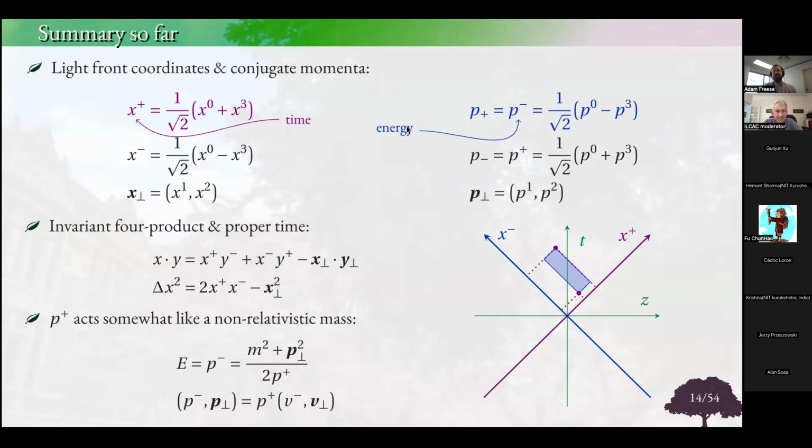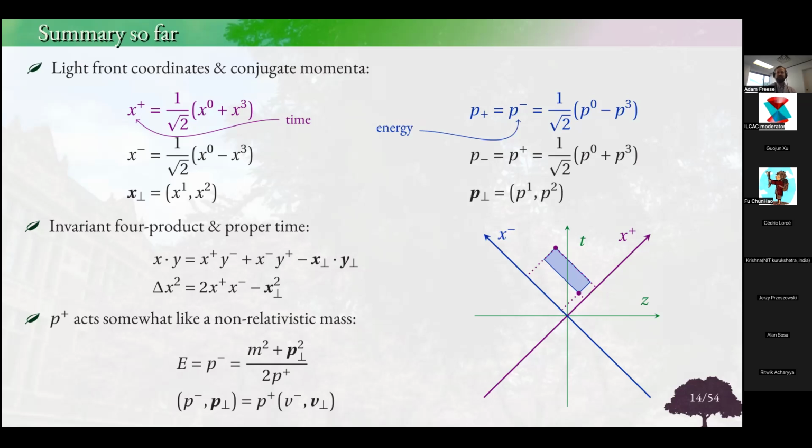Okay, I'm going to start off by very briefly reviewing the two mini summaries from last time, just in case that might be helpful. So last time I defined light front coordinates using one of multiple standard conventions.